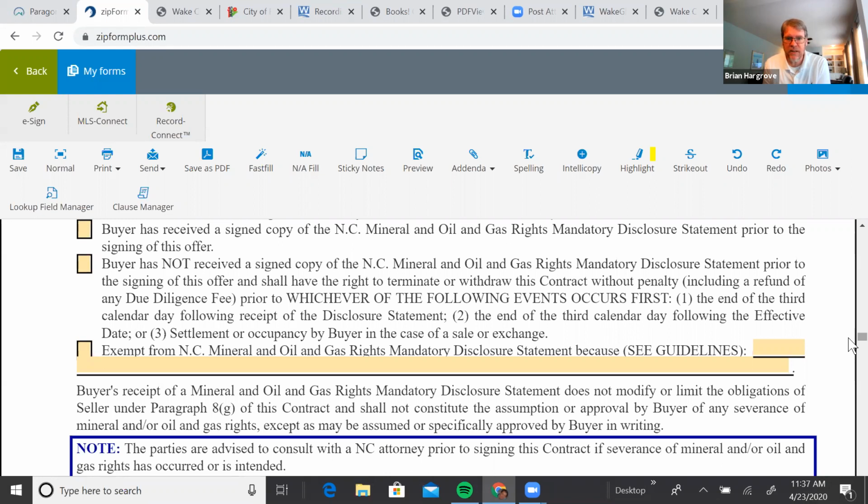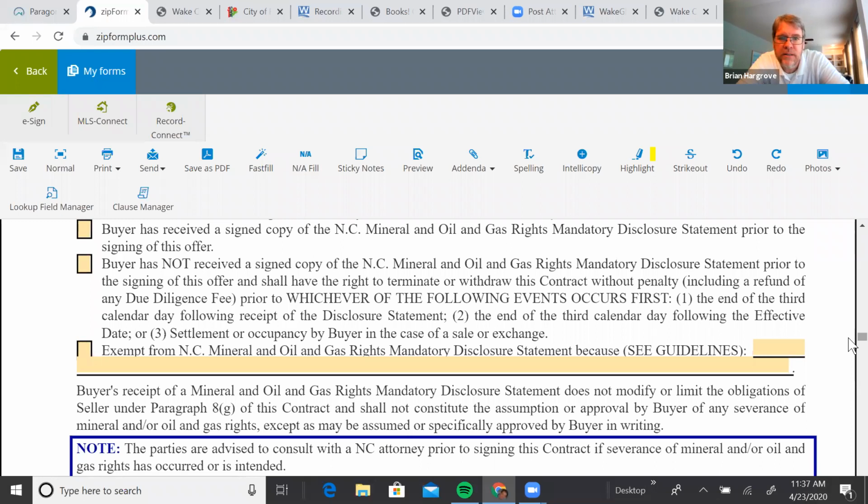Now, after the 3 days is up, you still have due diligence period. You can still do your investigations. And if they come back on day 5 and they tell you that they did sever the rights for mineral and oil, well, unless we can prove that they disclosed some other way earlier and they misrepresented the property, then on day 5, you're not going to get your due diligence back, but you can still back out and save your earnest money, right?